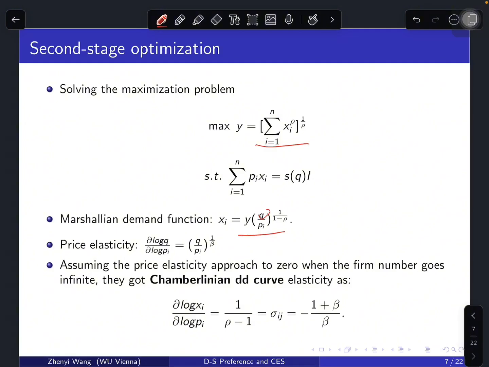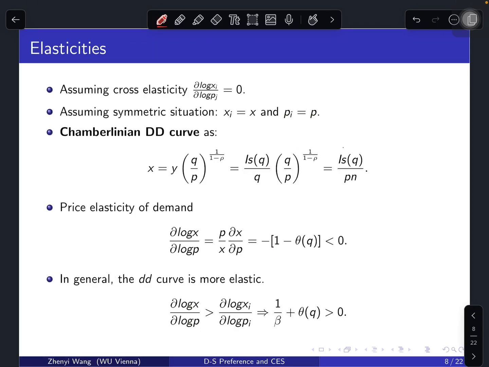This curve reflects the idea that every firm's pricing decision doesn't significantly affect the aggregate price index or overall market demand. Then they assume zero cross elasticity to ensure that a firm's demand depends only on its own price, and symmetry ensures that all firms are identical, making it possible to derive a smooth aggregate demand curve.